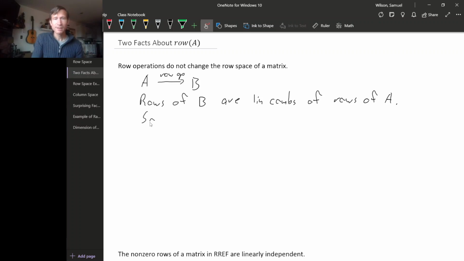So this means that the row space of B is contained in the row space of A.